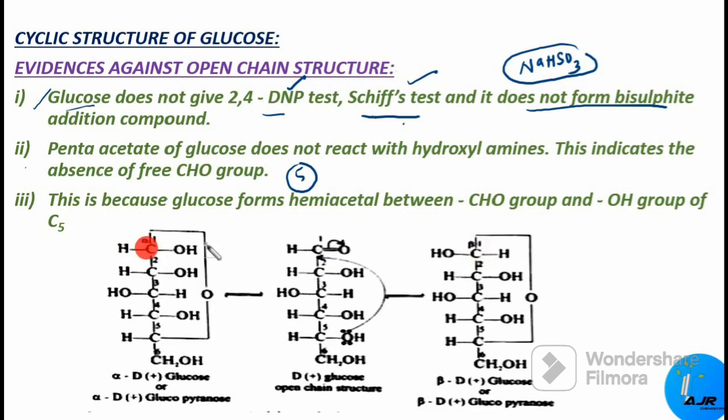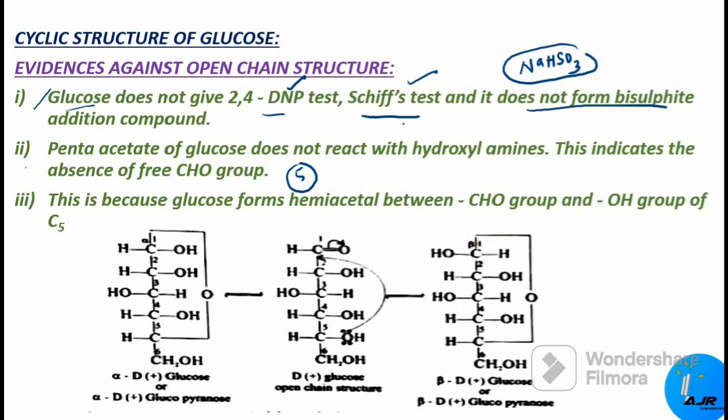So these are different. We could differentiate only in the C1 carbon. Only a difference is there. All the other things are the same. See, look, everything is the same. Only this carbon is changing, that too in the configuration. So such a pair of stereoisomers which differ in configuration around C1 are called anomers, and the C1 carbon atom is called the anomeric carbon or the glycosidic carbon.